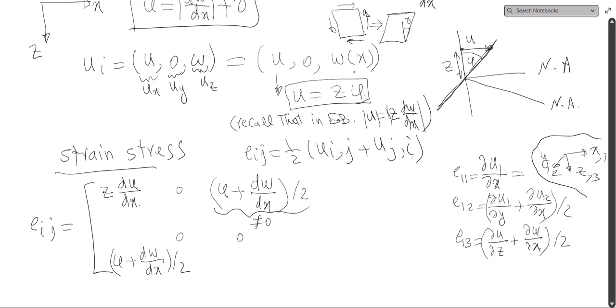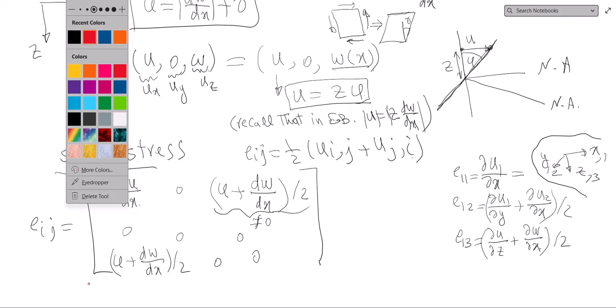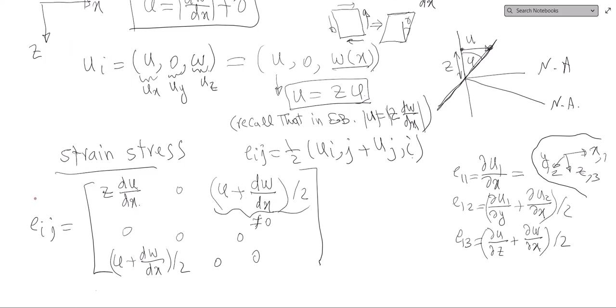E32 is 0, symmetry. You can use symmetry here. So I put the 0 here, and E33 is 0 because w is just a function of x, not z. So this is my Timoshenko beam strain tensor.